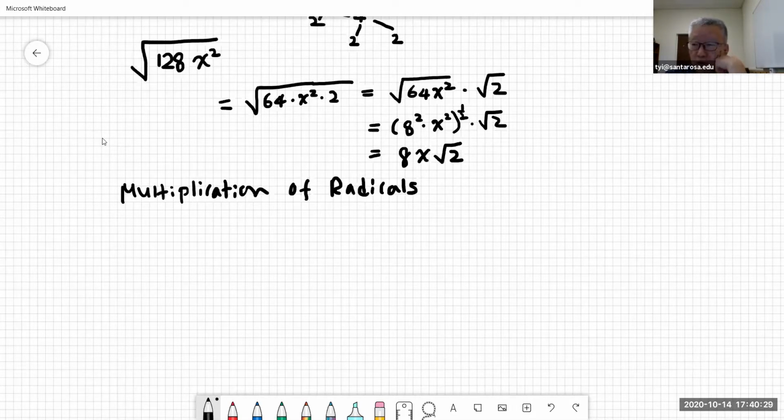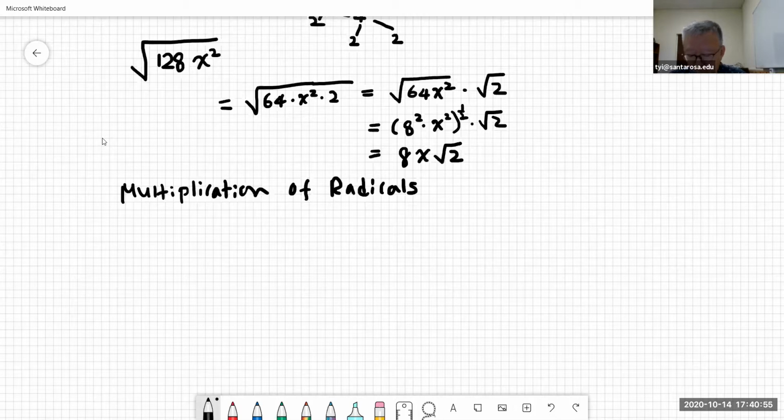Adding and subtracting is a little bit more complicated, but for multiplying radicals, as long as they have the same index, meaning the power of the rational exponents, you don't have any problem multiplying.